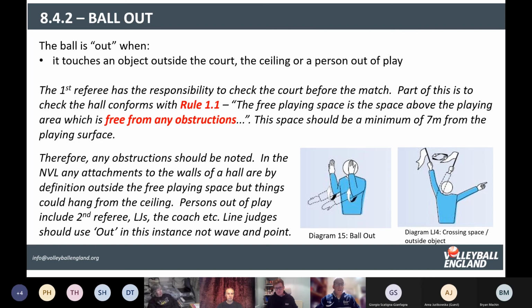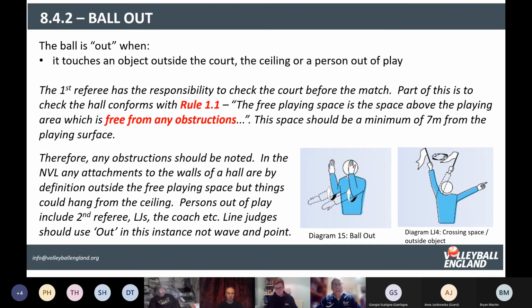So 8.4.2, the ball is out when it touches an object outside the court, the ceiling, or a person out of play. Before the match, as first referees, we have a responsibility to check the playing area. Part of this check, Rule 1.1, says that the free playing space is the space above the playing area which is free from any obstructions, and that space should be a minimum of 7 meters from the playing surface. You need to look up.